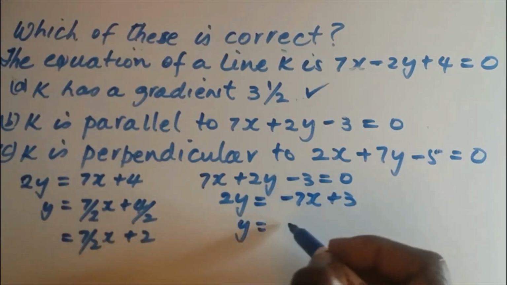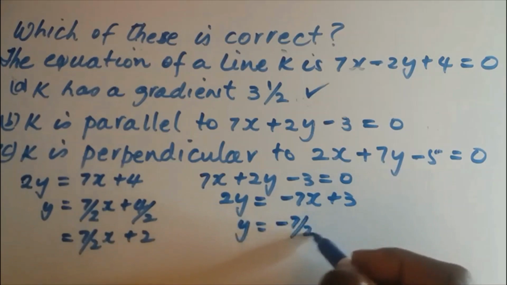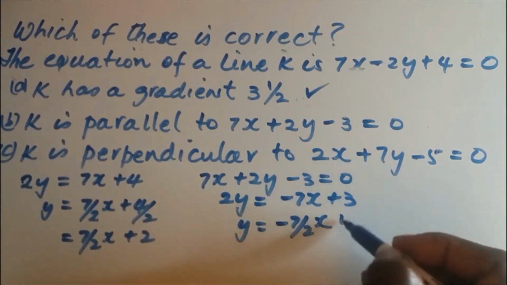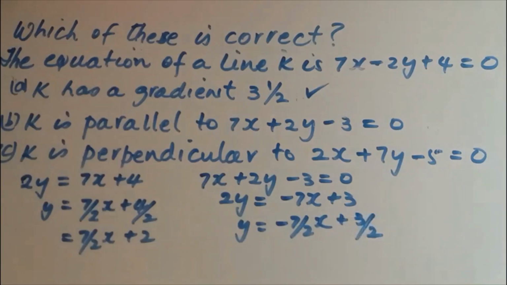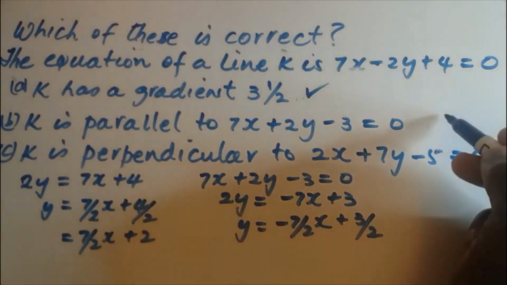So y is minus 7 over 2x add 3 over 2. We can clearly see this is a negative gradient, negative 7 over 2, and this is positive 7 over 2. So that statement that k is parallel to this line is not correct.